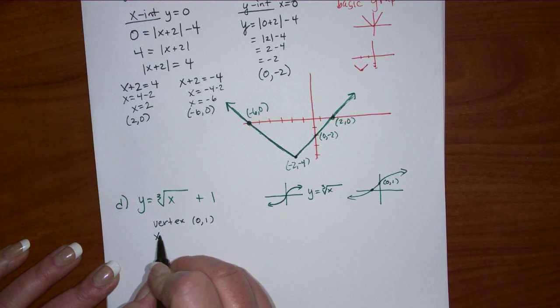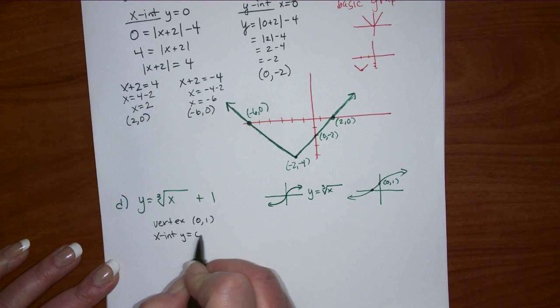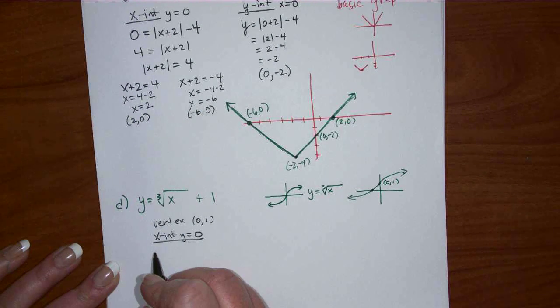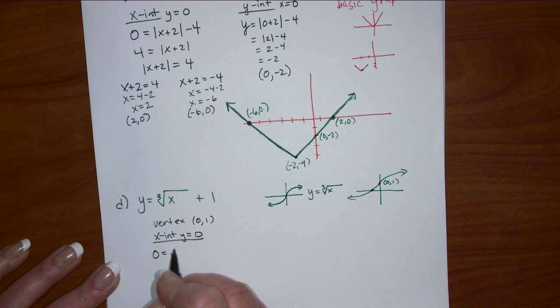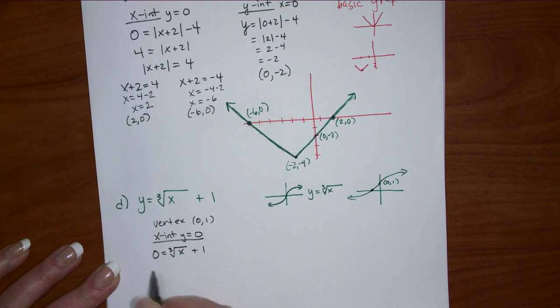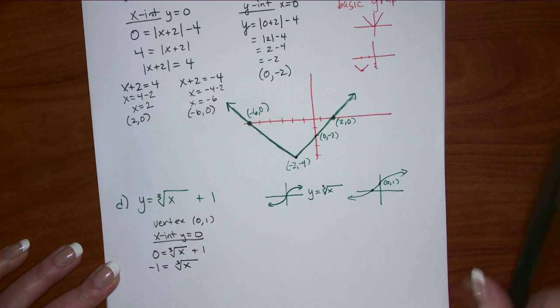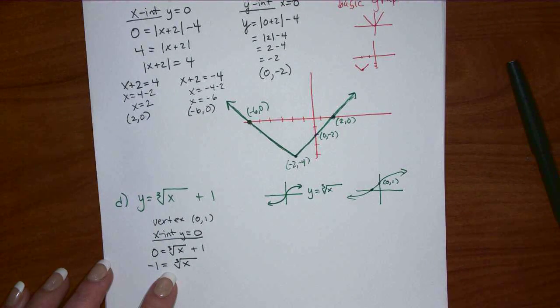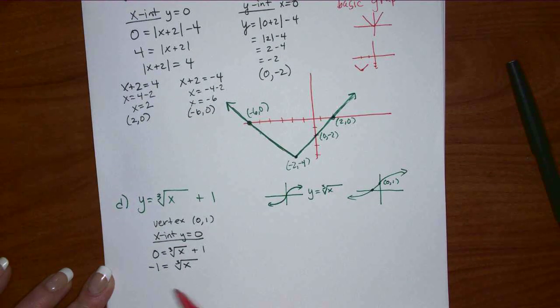Our x-intercept, if we let y equal 0, what did we do to each side to get rid of a cube root? Cube each side.